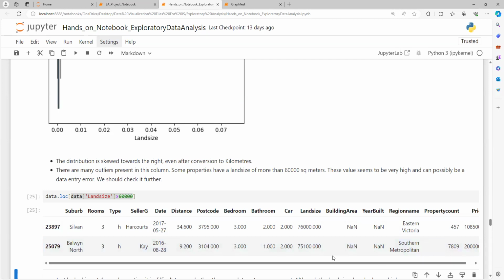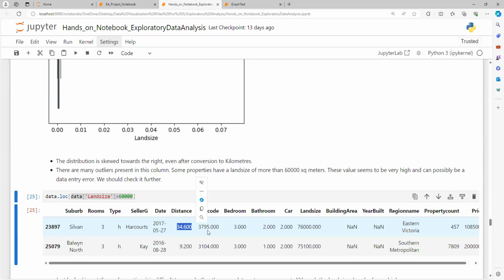One thing though I do notice is the distance. This one is 34 kilometers. That makes sense to have a really big plot of land that's pretty far out there. It means they just own a really big chunk of land. Makes sense, right? However, this one does not make sense. That's only 10 kilometers from town.